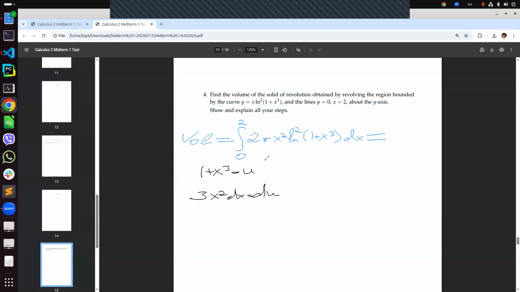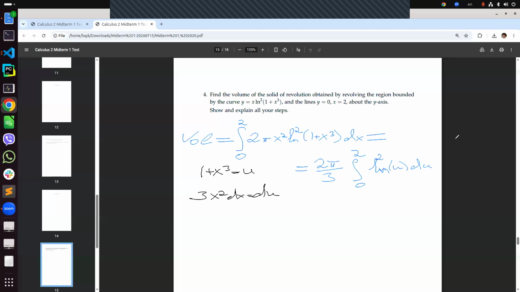So we'll get, let me put all constants out, 2 pi divided by 3, integral from 0 to 2, and we have logarithm squared u du, because x squared dx with 3 is du.